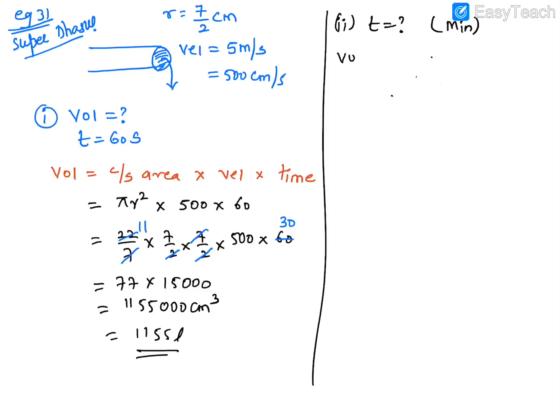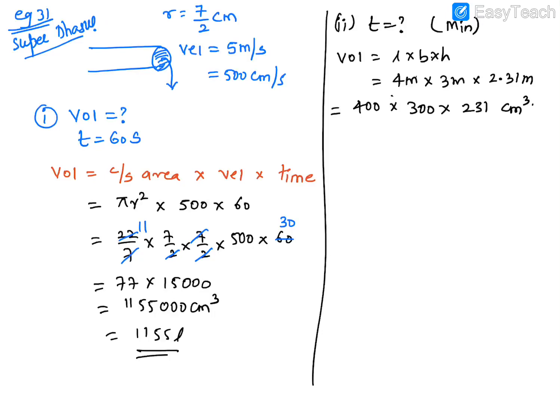So the tank which you want to fill has got a volume of length into breadth into height, which is 4 meter by 3 meter by 2.31 meter. Now we'll convert all these into centimeter. So it will be 400 centimeter into 300 centimeter into 231 centimeter. So it's basically centimeter cube.